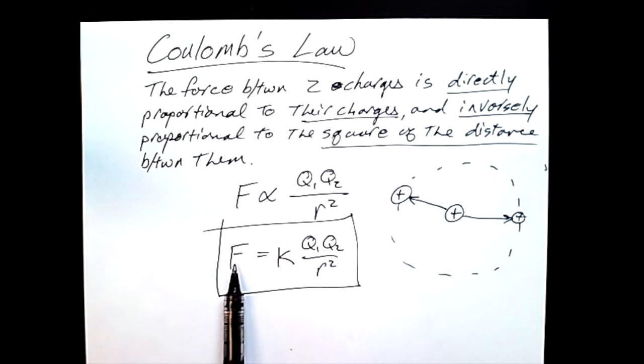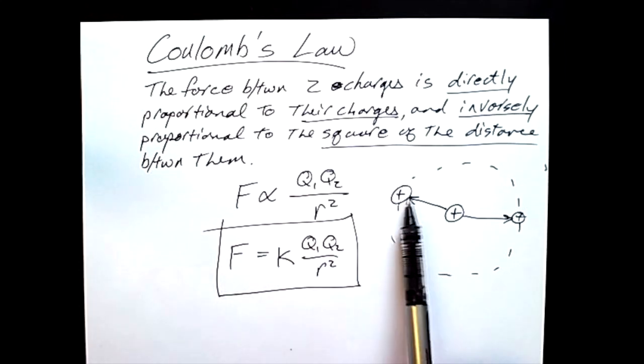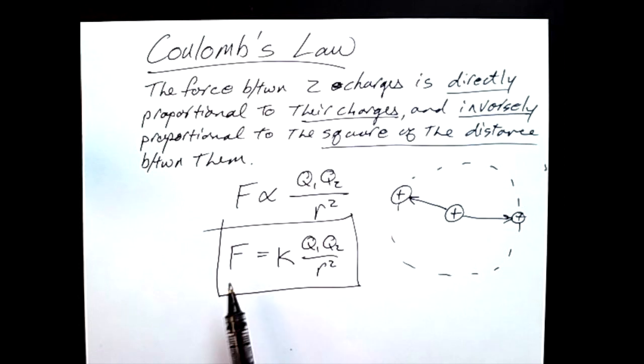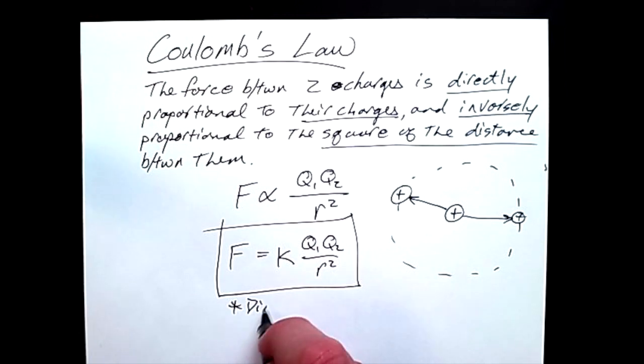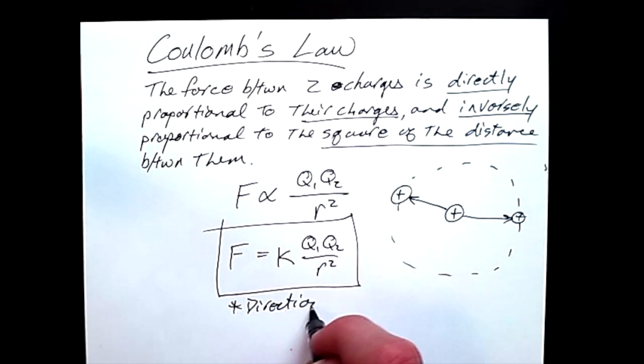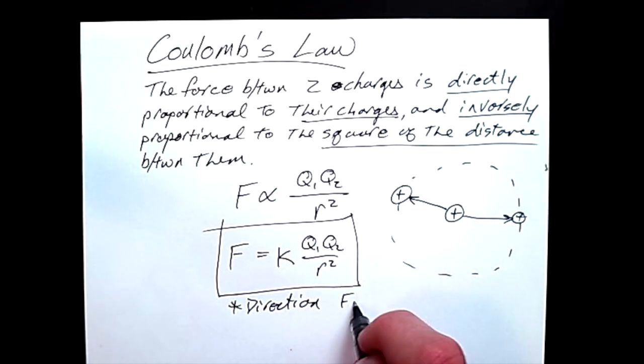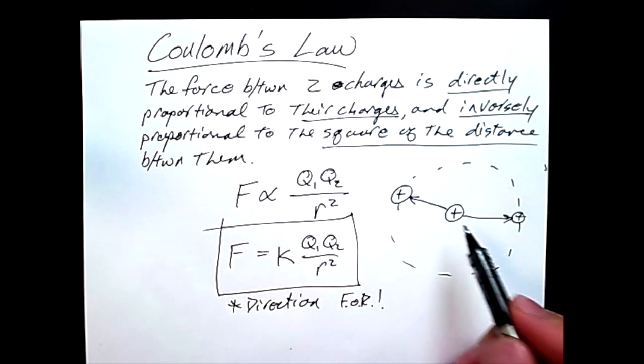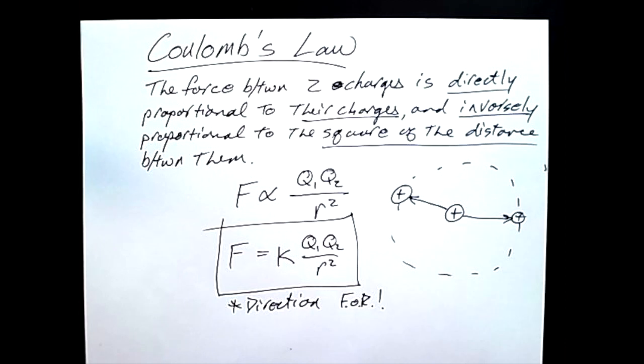There is no direction on this force. That is because it is dependent upon where the charges are in space. And so the direction of this force is assigned by you, right? The direction is determined by your frame of reference and by your knowledge of like charges repelling and opposite charges attracting.